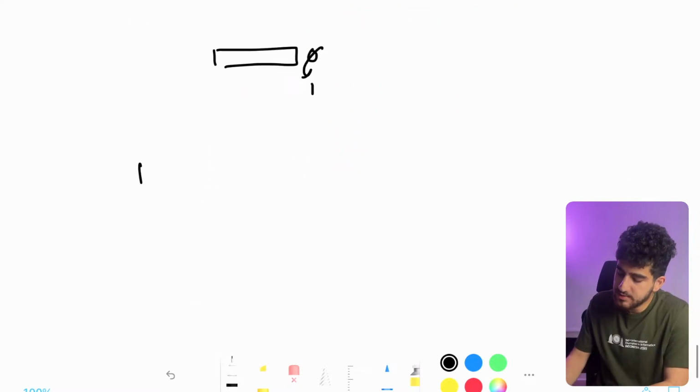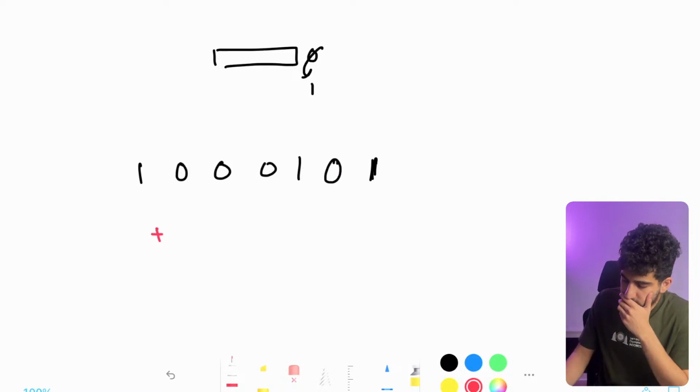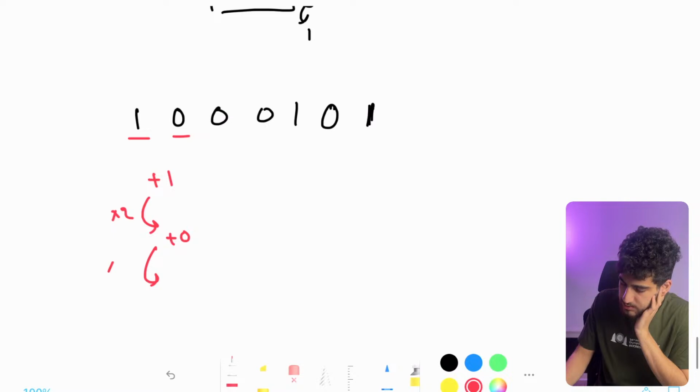For example, if your binary representation is 0 1 0 0 1 0 1 and so on. Initially you have to add 1 bacteria. The first bit is 1. Then you multiply it by 2, and then you add 0, because the next bit is 0.